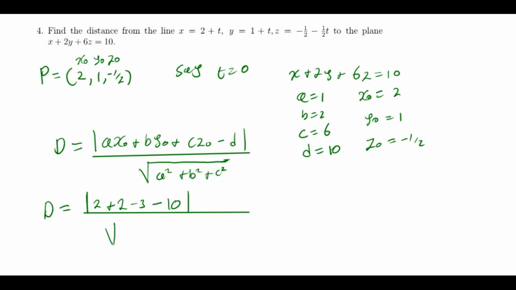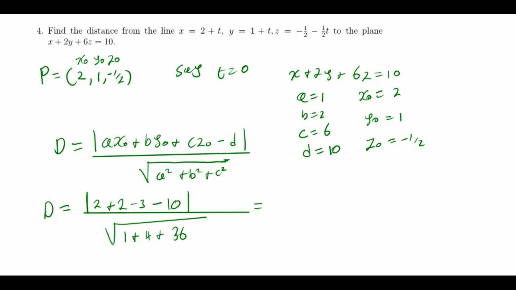Then divide by the square root of a squared, which is 1 squared, which is 1, plus b squared, which is 2 squared, that's 4, plus c squared, 6 squared, that's 36.